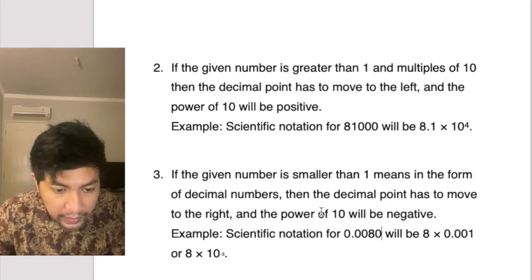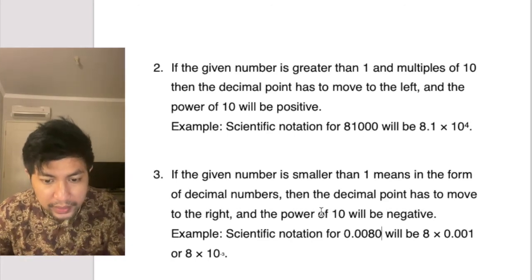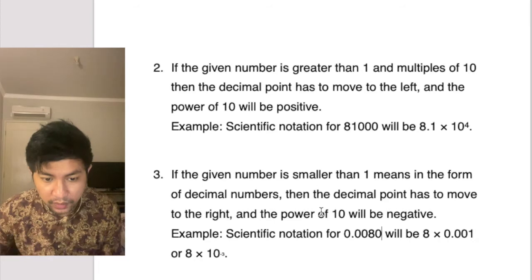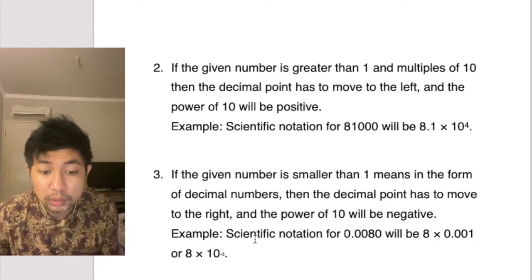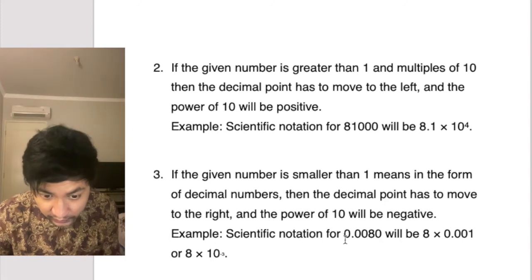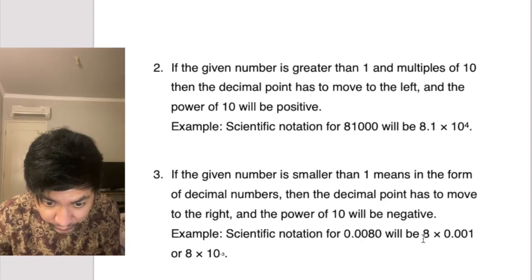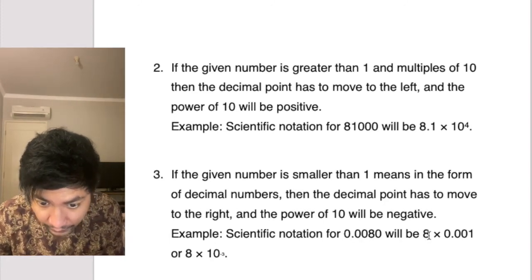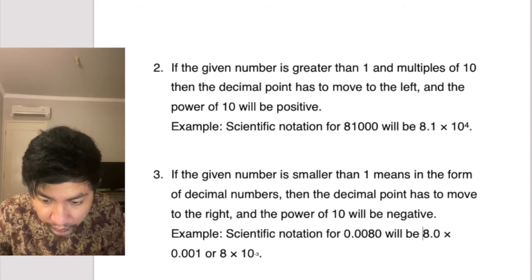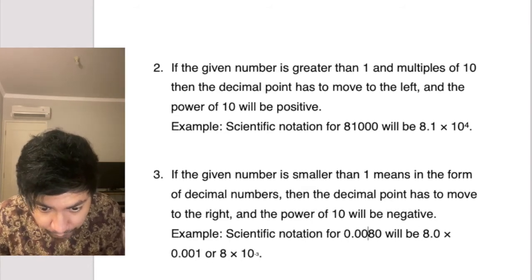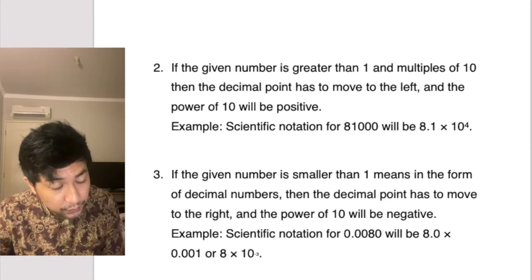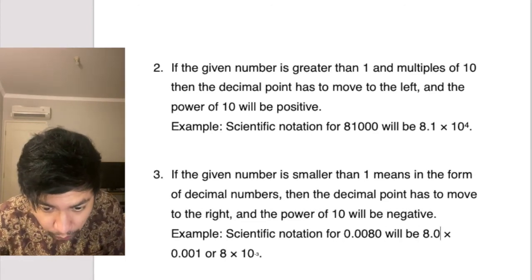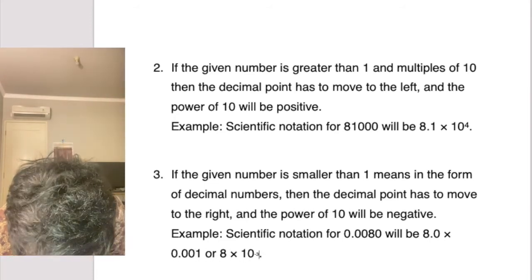If the number is smaller than 1, meaning in the form of a decimal number, then the decimal point has to move to the right and the power of 10 will be negative. Example: the scientific notation for 0.0080 will be 8.0, because we need a whole number here, followed by the significant figure next, which is 0, times 10 raised to how many times we moved it.